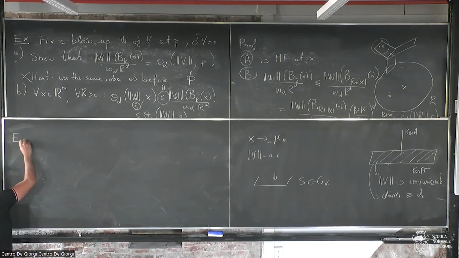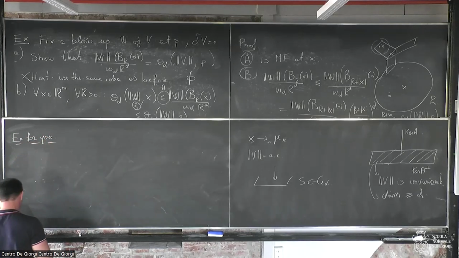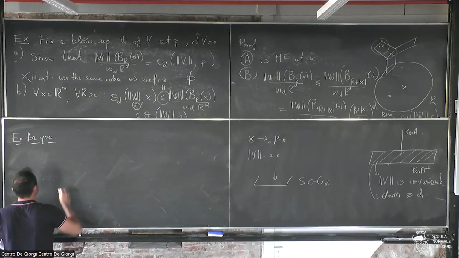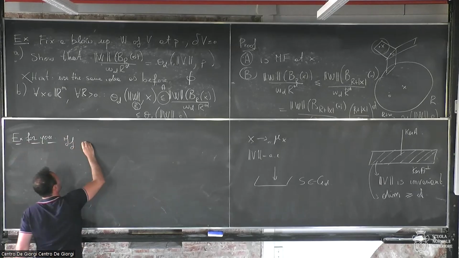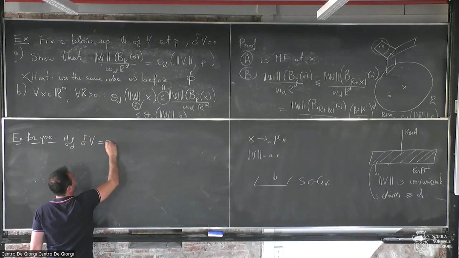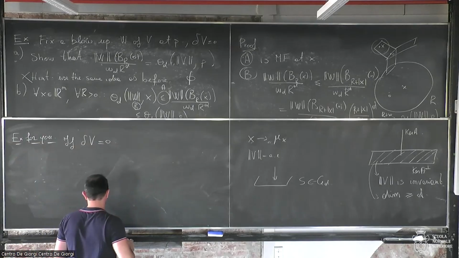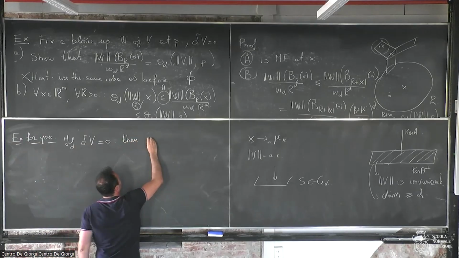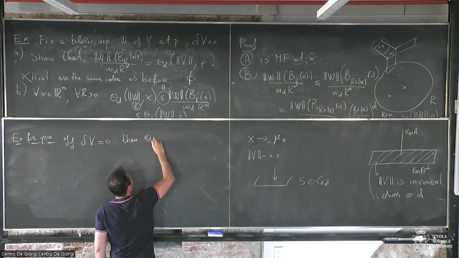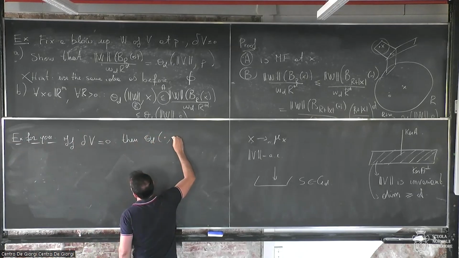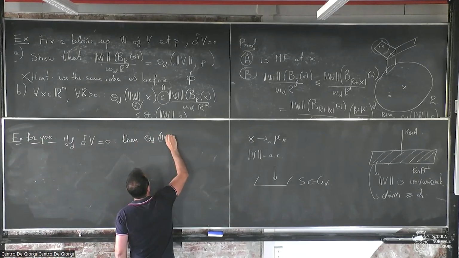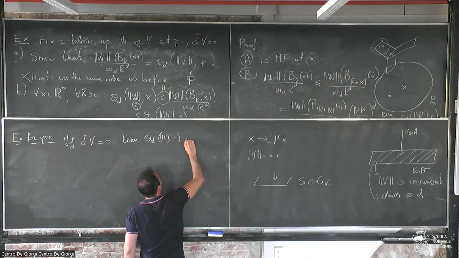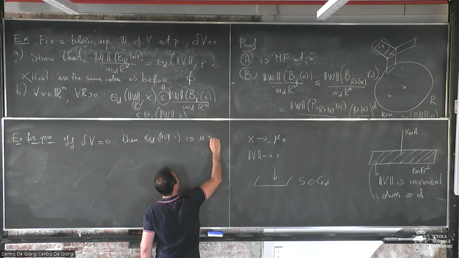Exercise for you. If you have a stationary varifold, then the density is upper semi-continuous.